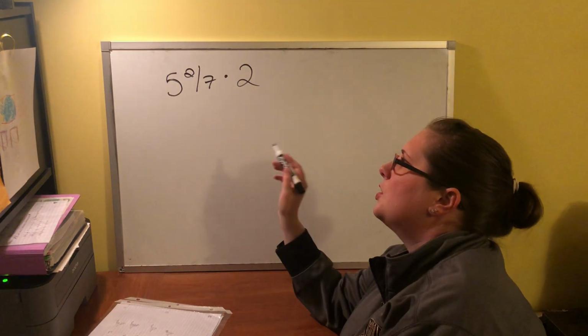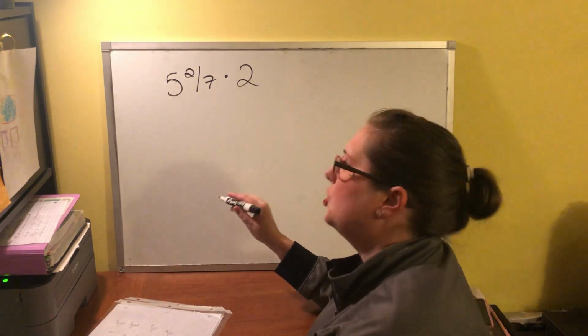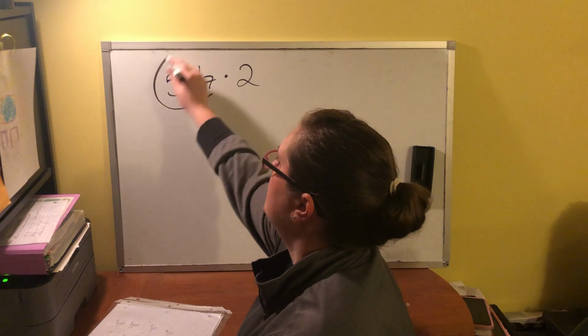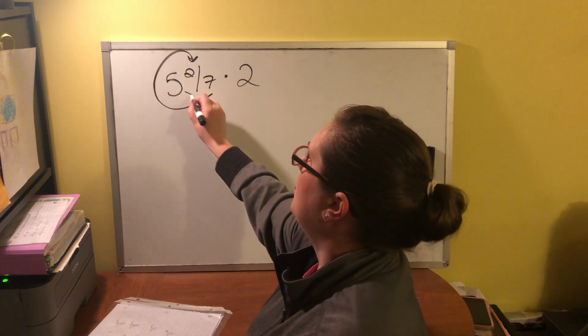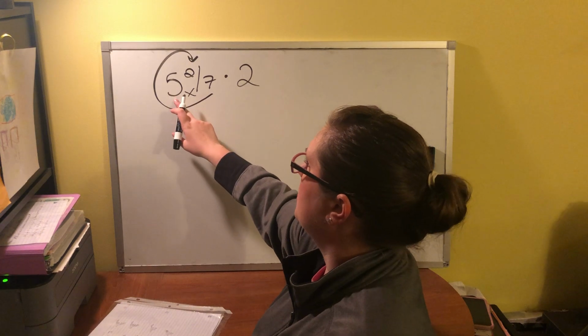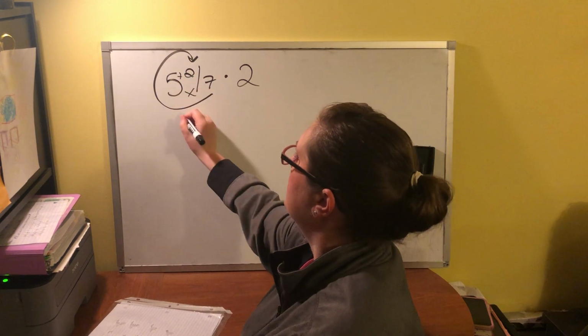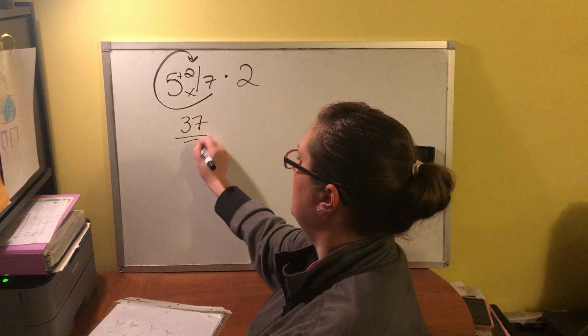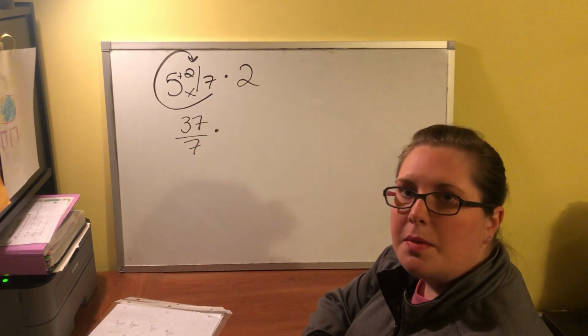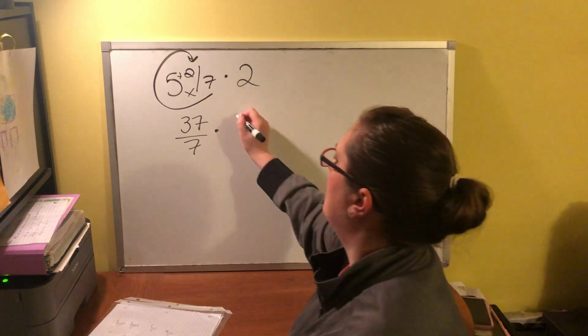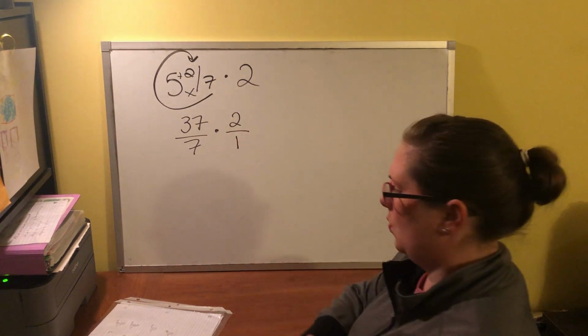So we need to turn 5 2/7 into an improper fraction. Okay, so we're doing the circle method. The second one, we're multiplying. 7 times 5 is 35. Plus 2 is 37/7 times. Well, now I have a whole number. Remember, to turn a whole number into a fraction, all you do is put it over 1.